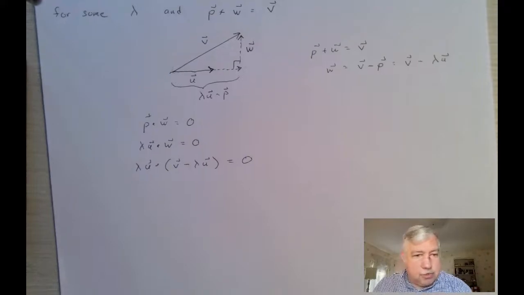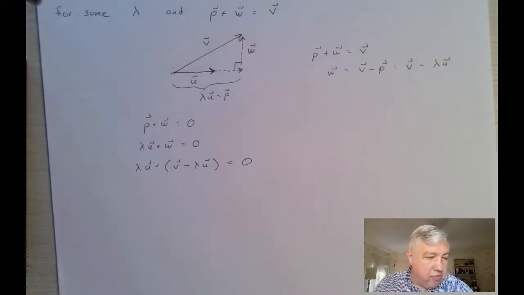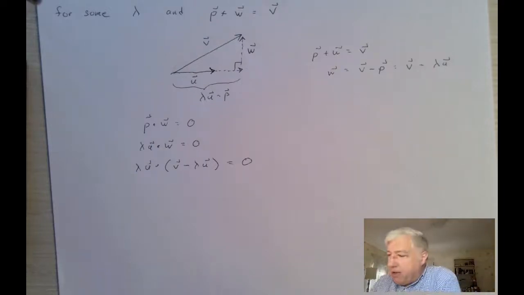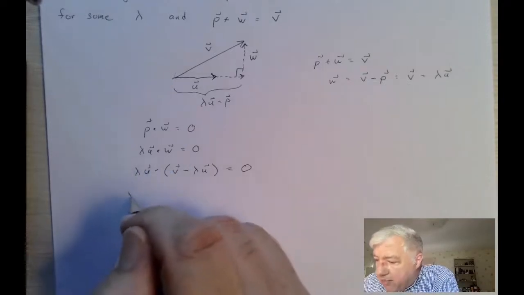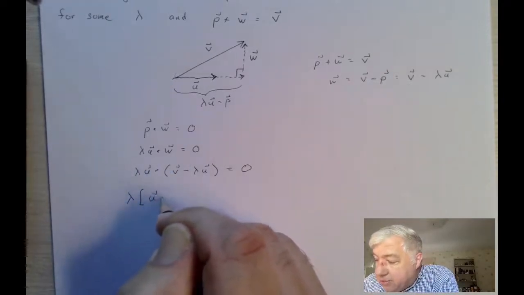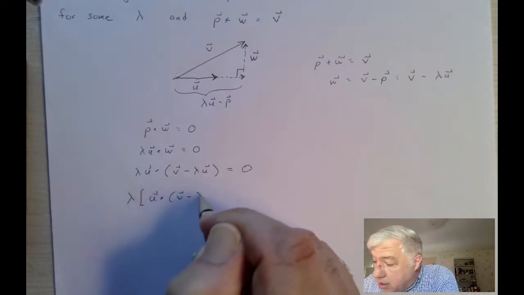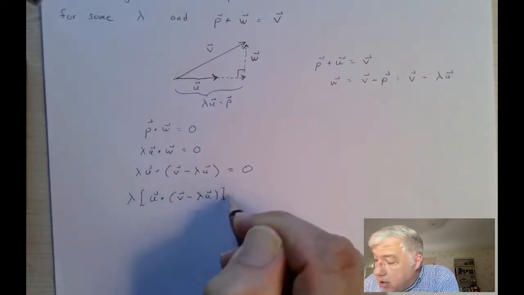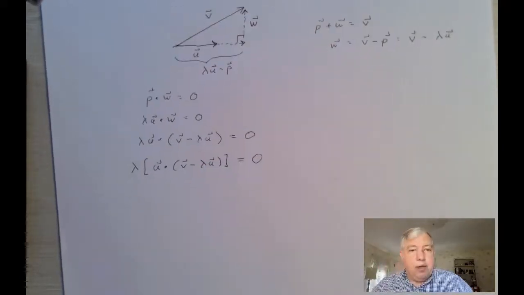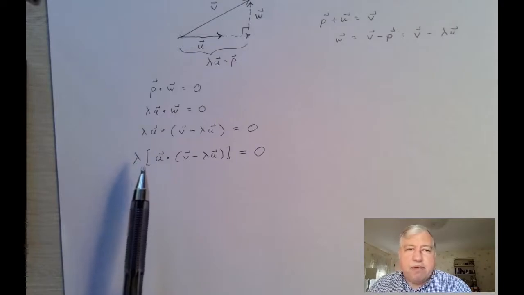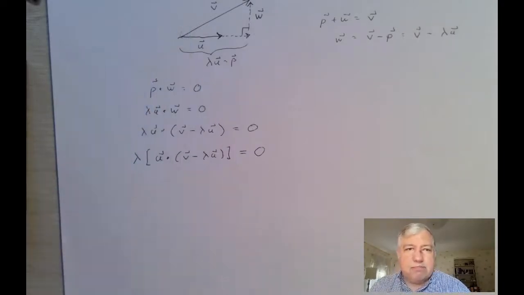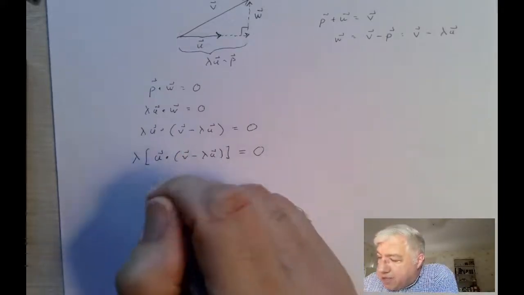Okay, so now again we'll use the properties of the dot product. This is lambda times u, and because we're using a dot product, we can factor the lambda out. Lambda can't be 0, because if lambda equals 0, then this problem doesn't work. So that means that this must be 0.